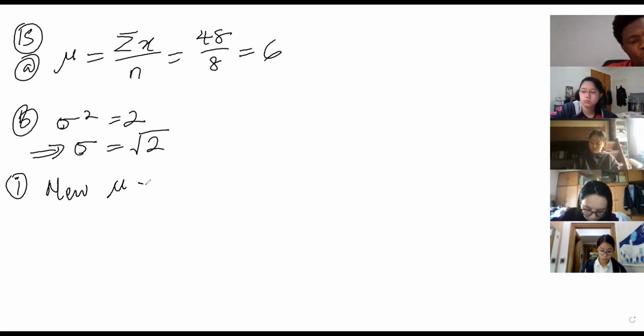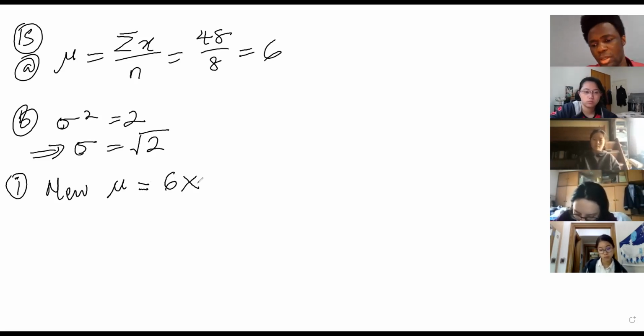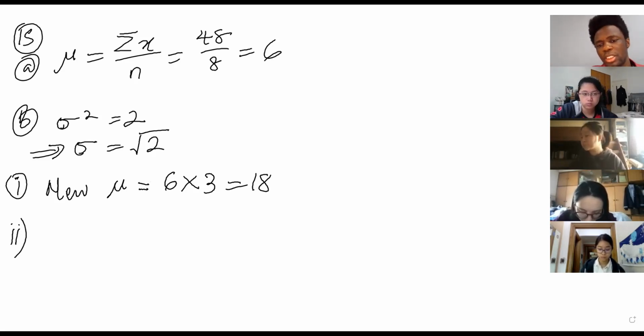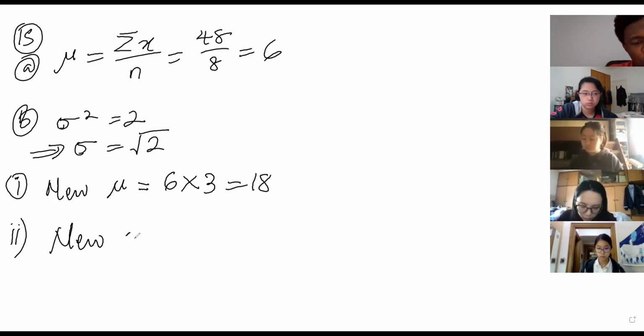It will be the old one multiplied by 3, and that gives you 18. You don't need to calculate anything. Then the last question, the new variance. The first thing is to find the new standard deviation. When multiplication happens, you multiply both the mean and standard deviation.